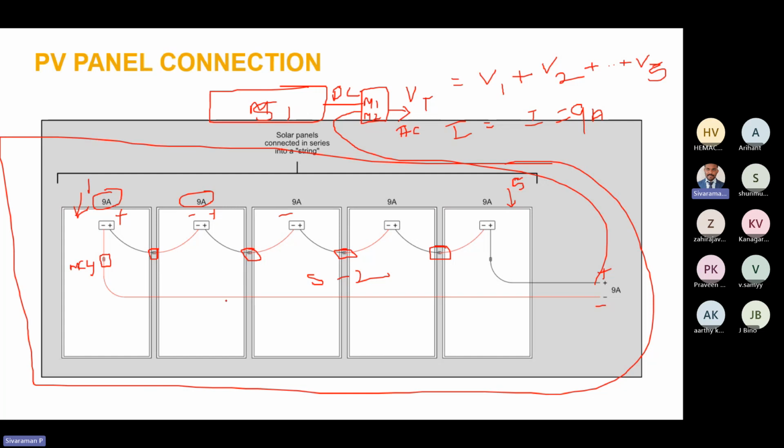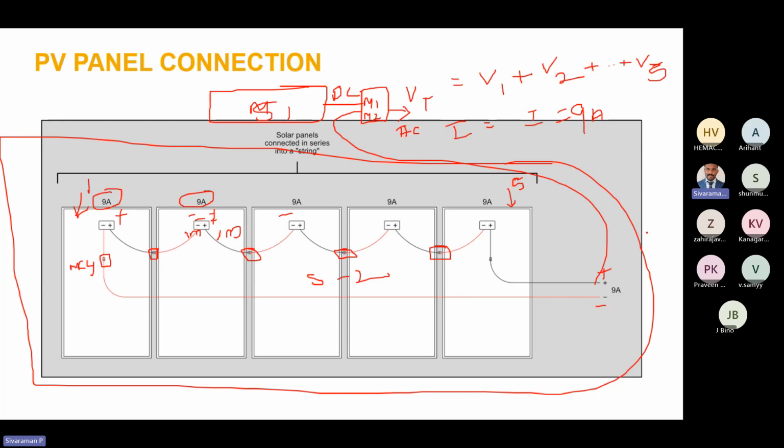By default, a solar PV panel has a positive and negative cable of 1 meter. This is the negative terminal, and this is the positive terminal of the solar PV panel. By default, we have a 1 meter cable connection.